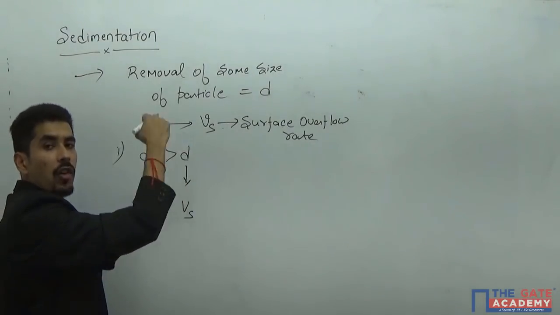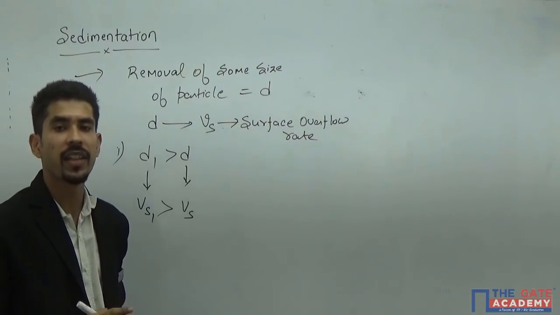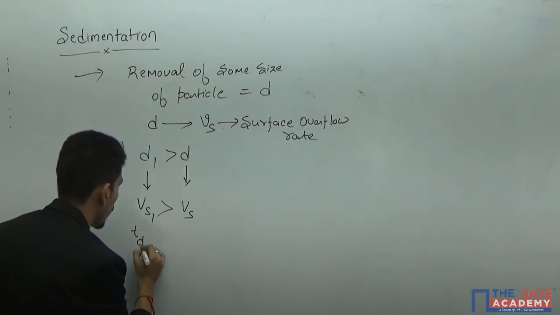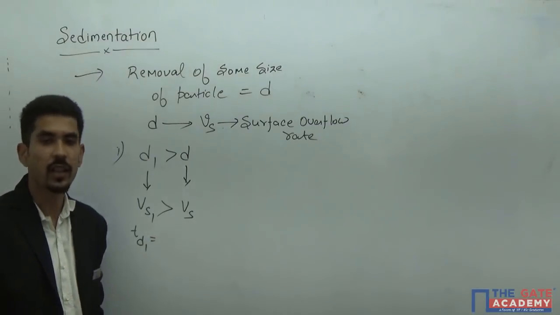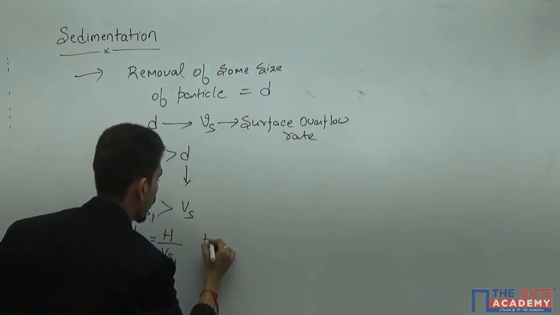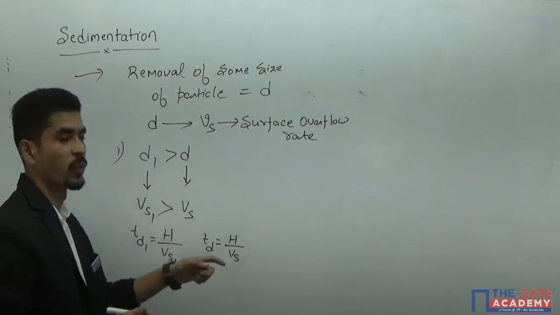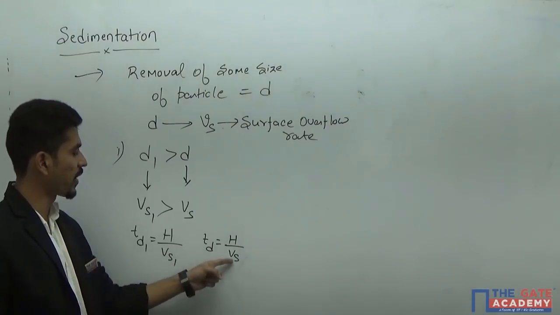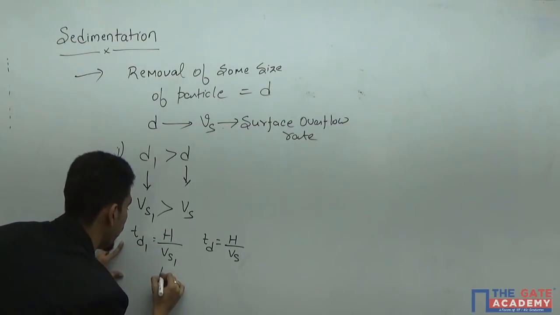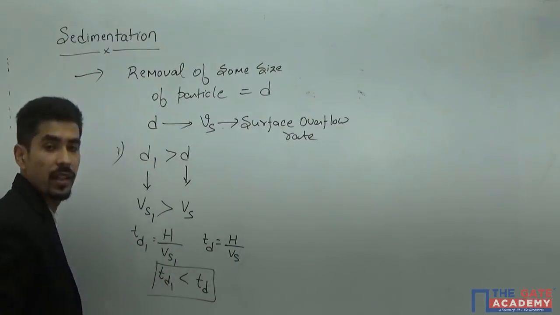Since D1 is greater than D, Vs1 is greater than Vs. Now if I write the expression for detention time, TD1 is equal to H divided by Vs1, and TD is equal to H divided by Vs. Since Vs1 is greater than Vs, that means your TD1 is less than TD.